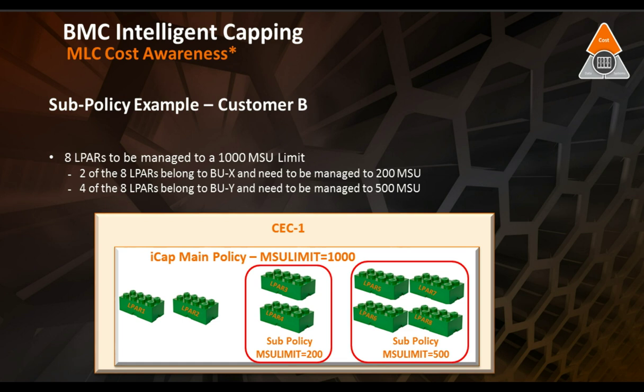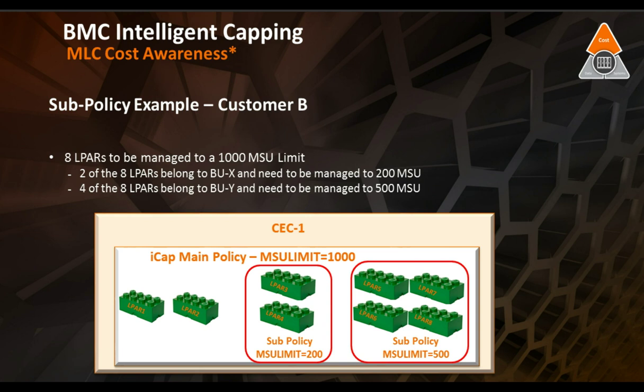And this is just another example, so I can push that a little further. Let's say I have certain business units that I want to manage as well and keep the costs down on. In addition to the subsystems, I can group business units together and say, I only want these business units to utilize 200 MSUs. I want another business unit to have 500. Again, I'm reducing their costs in the environment, reducing my z/OS costs, and reducing the cost for that particular business unit.